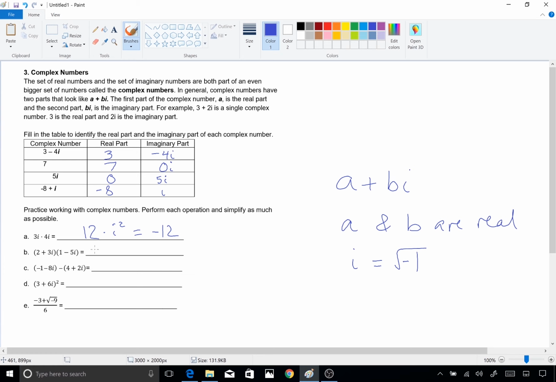This is 2 minus 10i plus 3i minus 15i squared. We can combine like terms, but first notice that 15i squared is 15 times negative 1, so this is 2 minus 10i plus 3i plus 15, and that's 17 minus 7i.